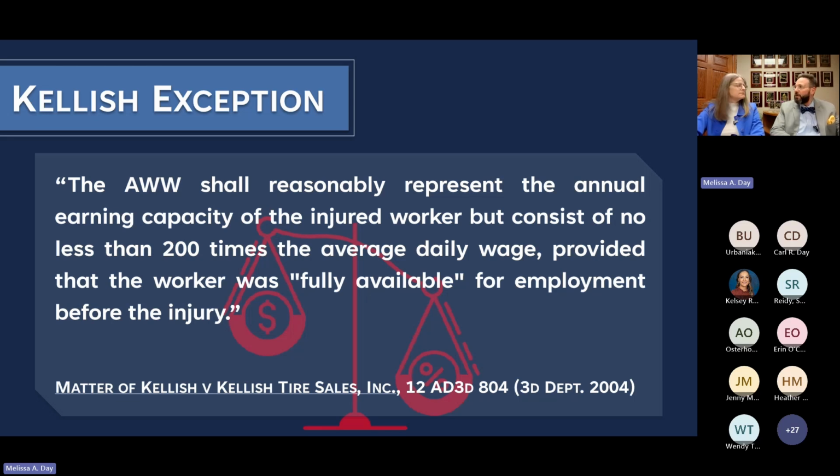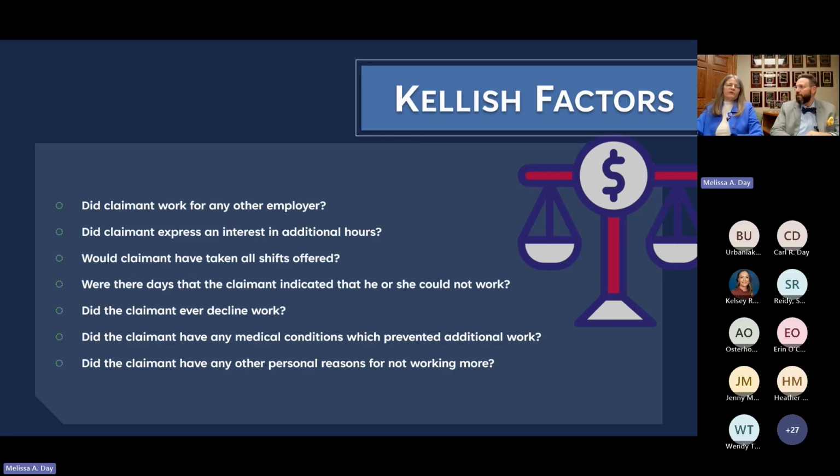But that could be working part is where Kellish comes in. If you could be working but didn't want to, we're not going to calculate your average weekly wage in a favorable way. So the key language here is whether or not you're fully available for work. And to determine that, we can look at some Kellish factors, which is, did the claimant work for any other employer? Is the claimant fully available or not because they're enrolled in school or because they're caring for a sick relative?